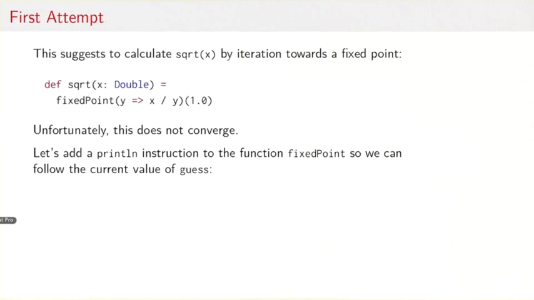Now with that knowledge we can try to revisit our implementation of square root, make it simpler by just plugging it into our fixed point finder function. So that would give square root of x equals fixed point of this function that maps y to x over y and some initial value 1.0. Let's try that out in the worksheet.